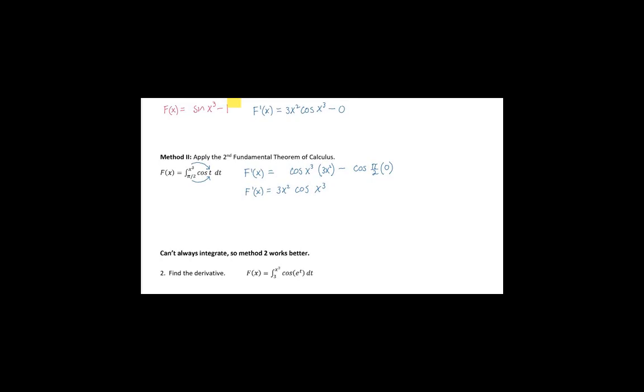Here's the thing. Sometimes you can do method 1, but we can't always integrate, so method 2 tends to work better. Just plug in each limit, multiply by the derivative of that limit, and then subtract. Take a look at example number 2 here. We're going to do the fundamental theorem of calculus.